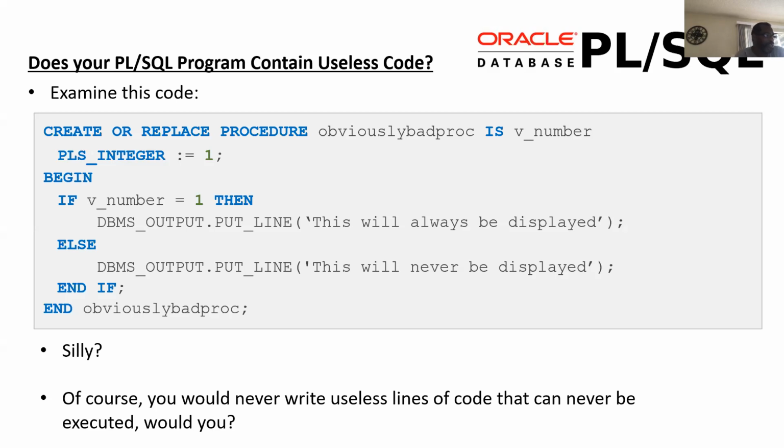And yes, in the lecture it says silly, and it is truly silly. Why would you want to code something this way, where you're setting a number at 1 and there's no changes in the procedure, there's no parameters, and you're checking to see if that number is that number that you set it at?